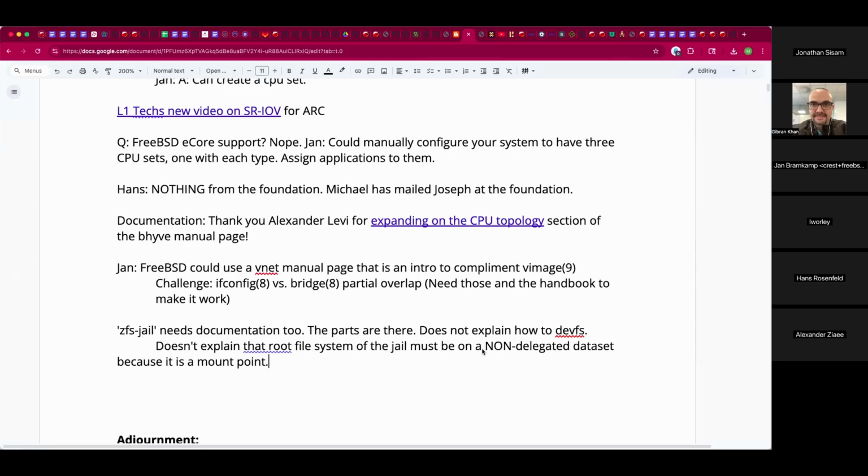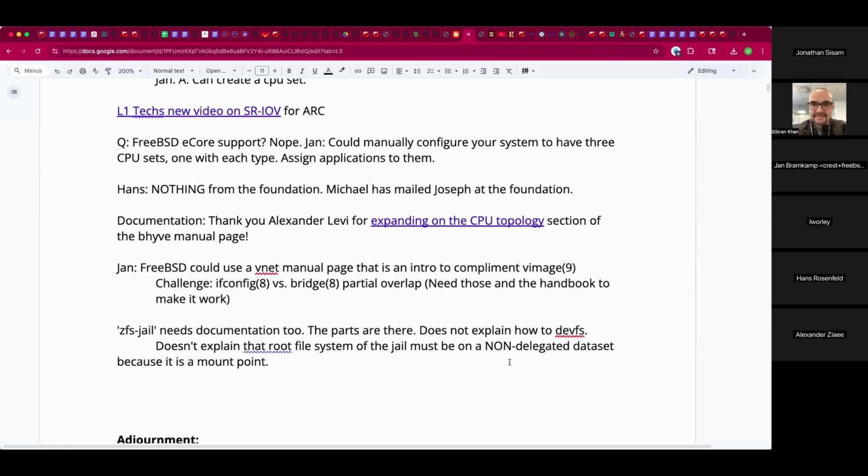I'm assuming you make a data set with jail contents that are bootable like a jail, but delegated to what further from there? You're making it sound like you can't use a data set.